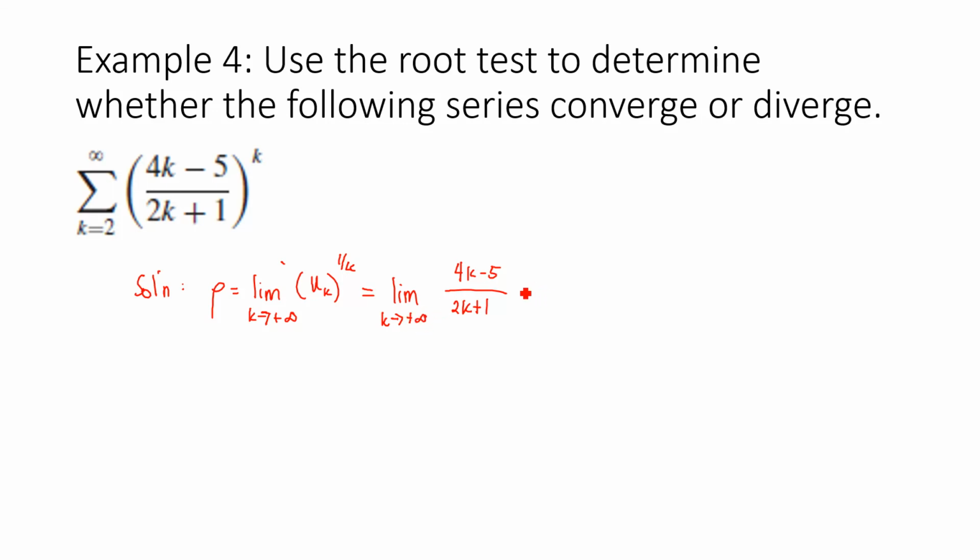The limit of this one is 0/0, so you have 4k over 2k, which is equal to 2, since k over k can be cancelled out, and 4 divided by 2 is 2. As we can see here, rho is equal to 2, which is greater than 1. Therefore, we could say that the series diverges.